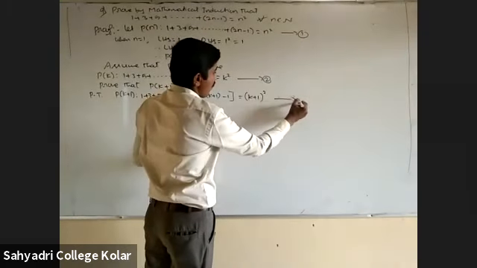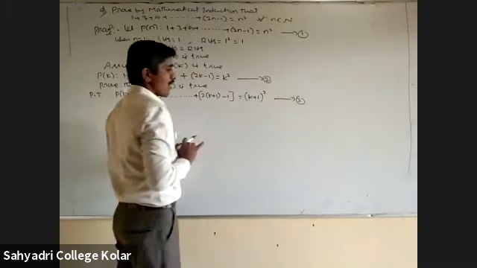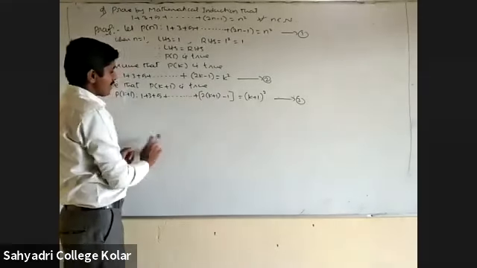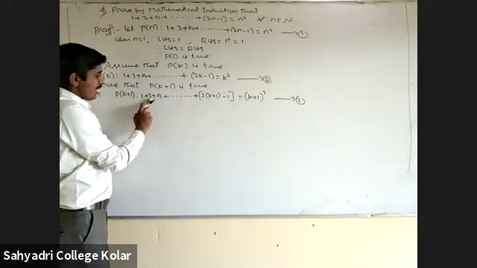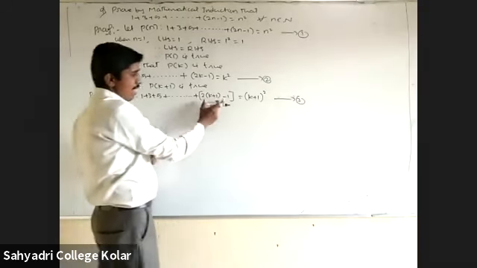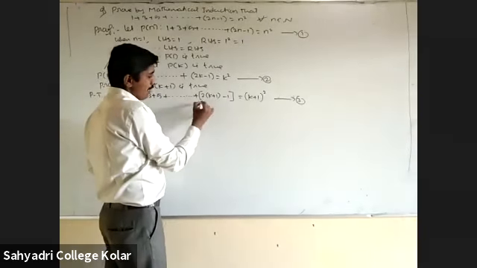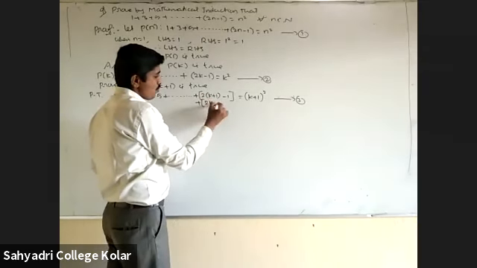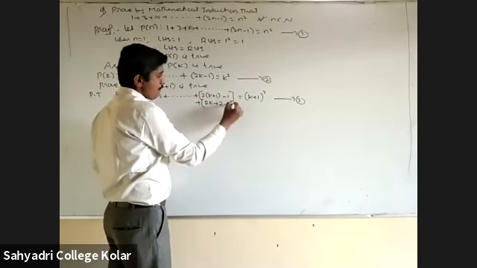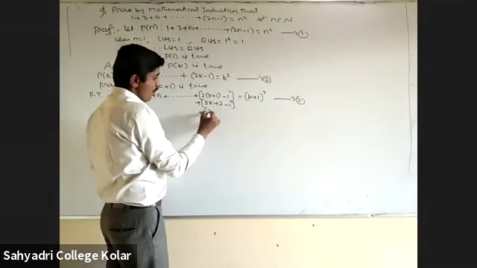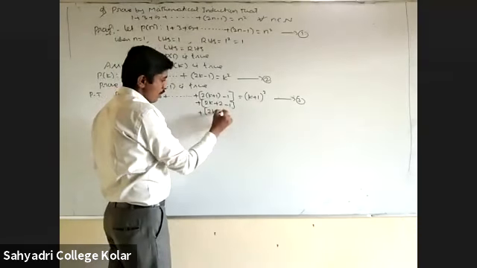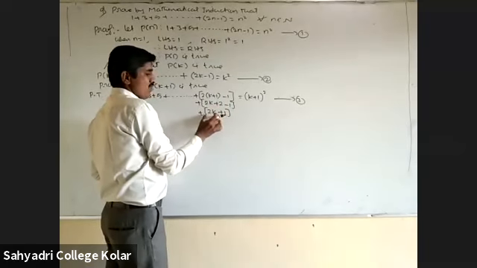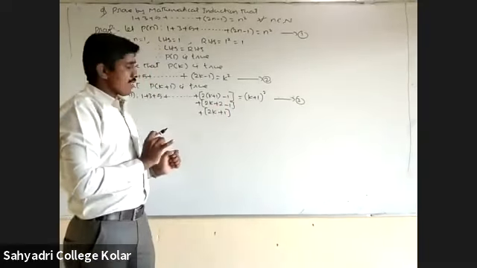Call that equation 3. We have to prove equation 3. Here I am simplifying the last term of LHS. First term is 1, second term is 3, third term is 5. The last term: 2 into k plus 1 minus 1, which is 2k plus 2 minus 1, so this can be expressed in the form 2k plus 1.